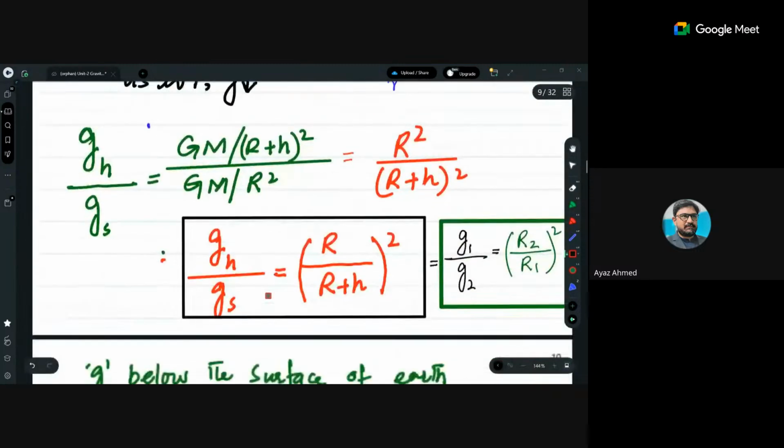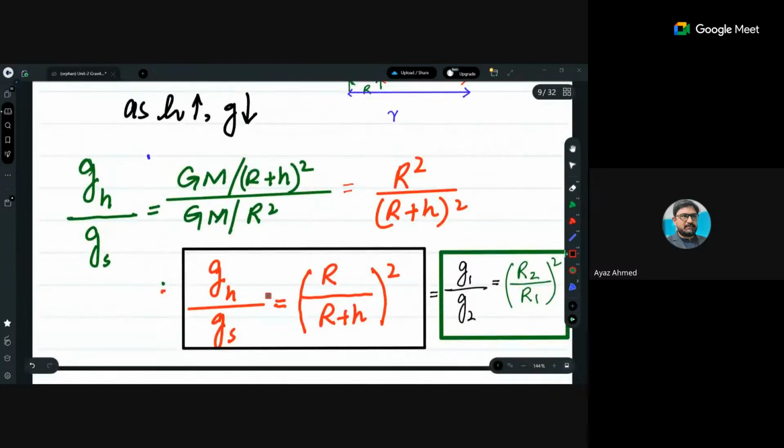Then I told you that if you want to calculate the gravitational field strength at different positions, for example, once at point r, and the second at r plus h, a little above the surface of the earth, then you will use the ratio method.